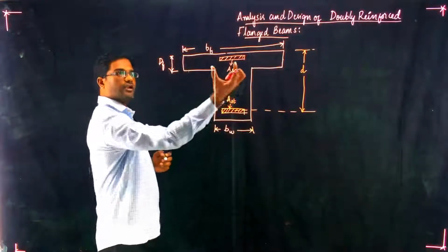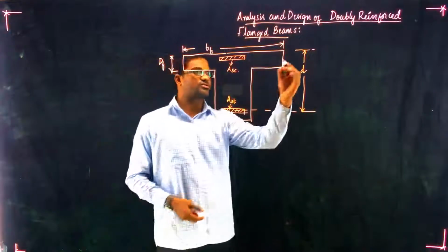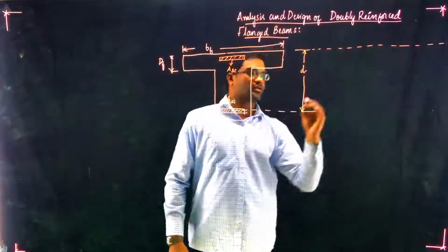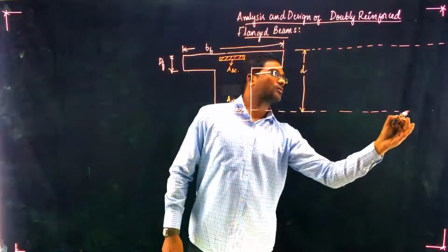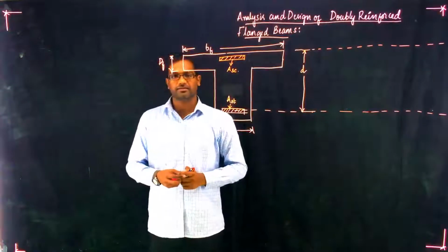So when you have an additional material there, the stress strain diagram will not change that much, but rather another force value will come. I'll draw this stress strain diagram.